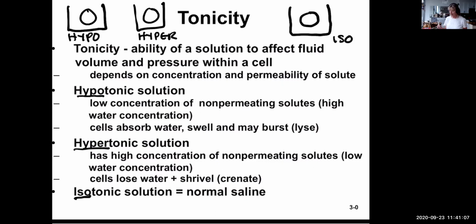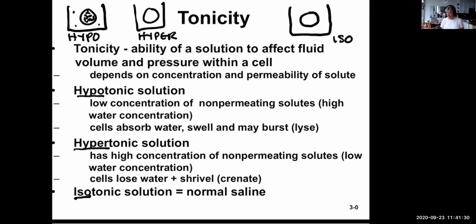So if I were to draw the solutes in a hypotonic solution, there are lots of solutes in the cell, but the beaker has less solutes. It's hypo, or less. So there are less solutes in the beaker.